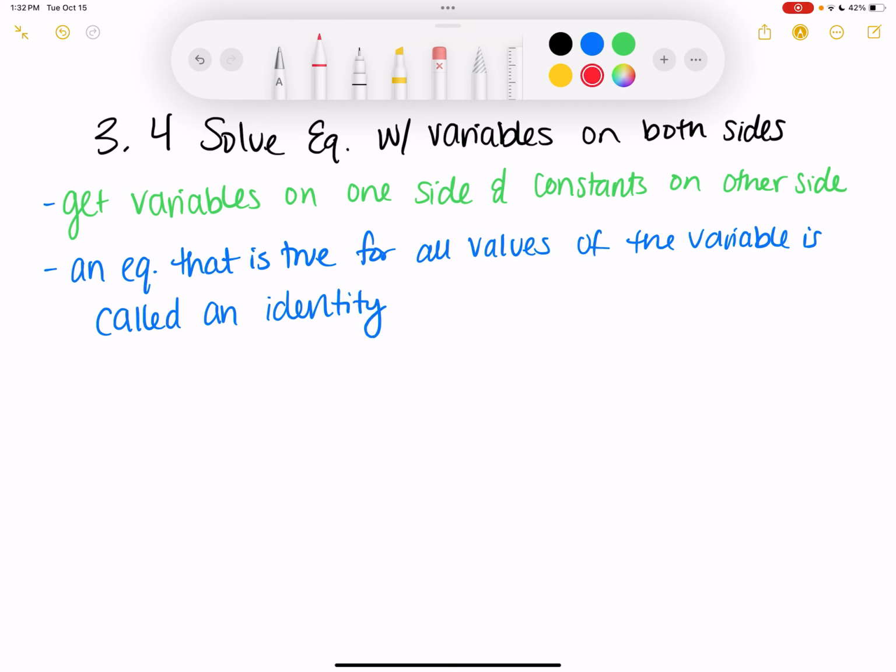So that would be something like if we get a result 8 equals 8, 0 equals 0, -3 equals -3, something like that would be an identity.